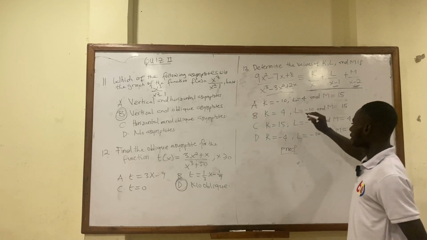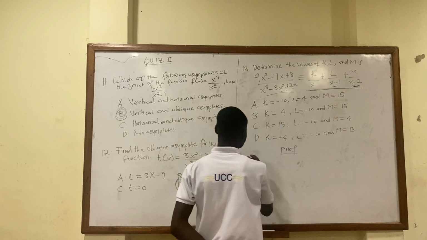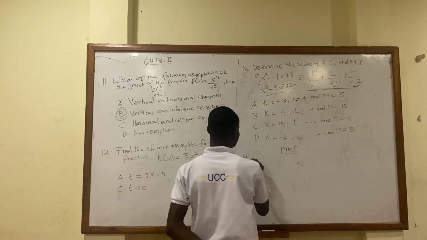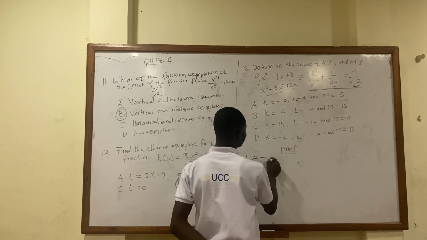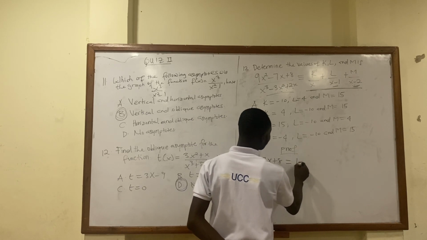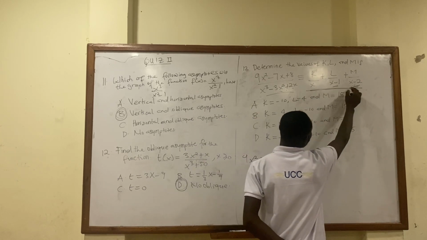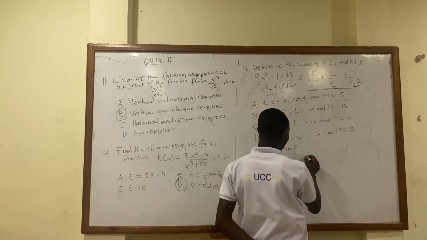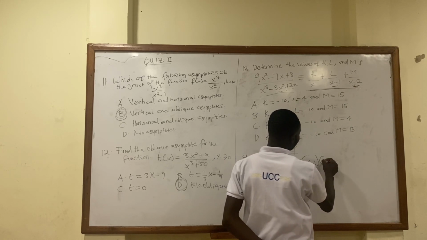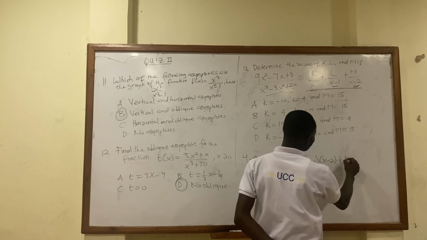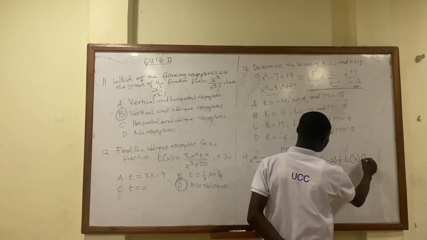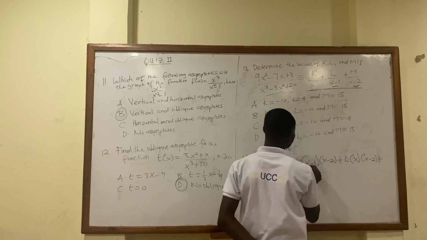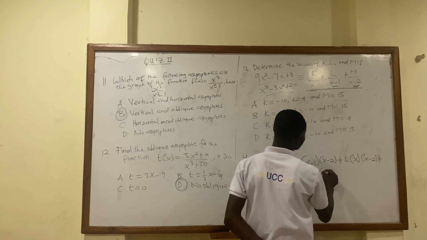So what you have to do is say that 9x squared minus 7x plus 8 is equal to k. When you find the LCM, this denominator will go and this will come and multiply the k. So you have k into (x minus 1)(x minus 2) plus l into x(x minus 2) plus m into x(x minus 1).